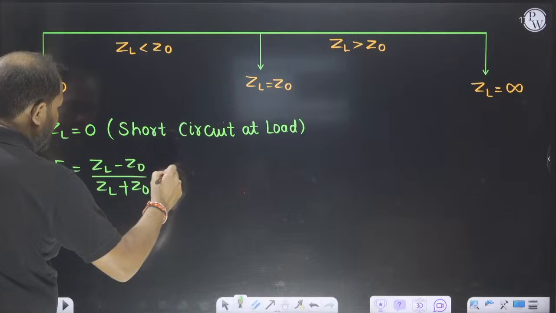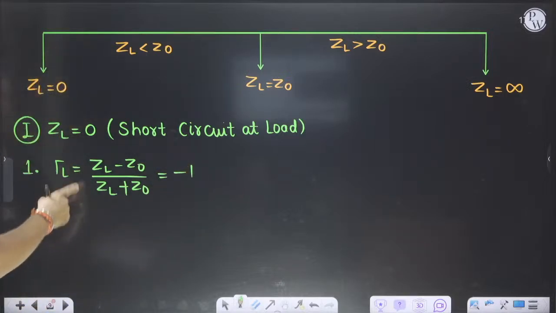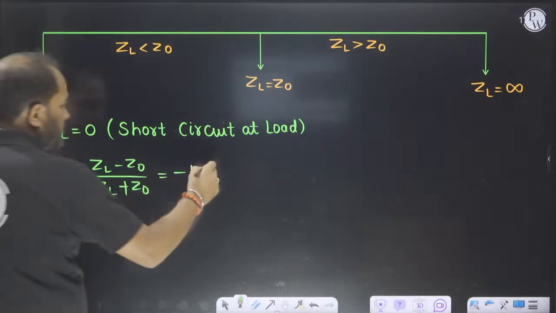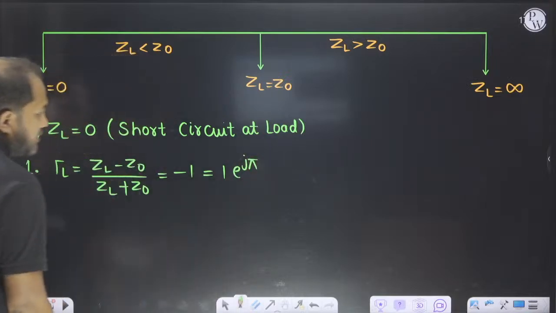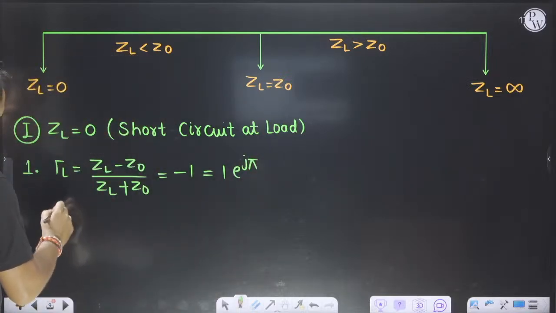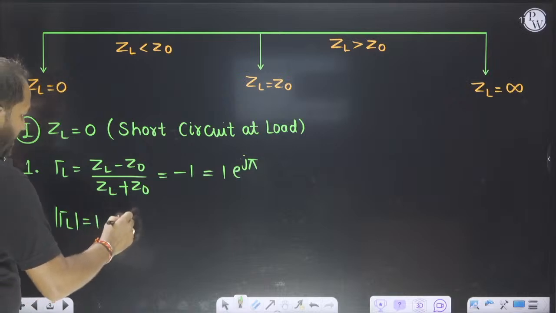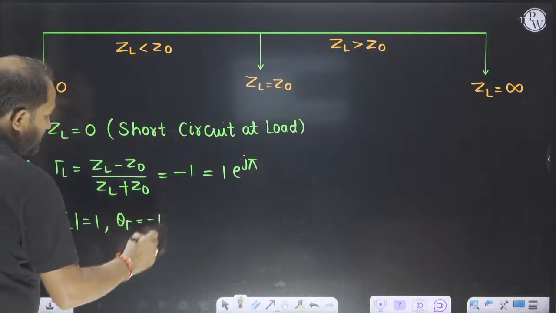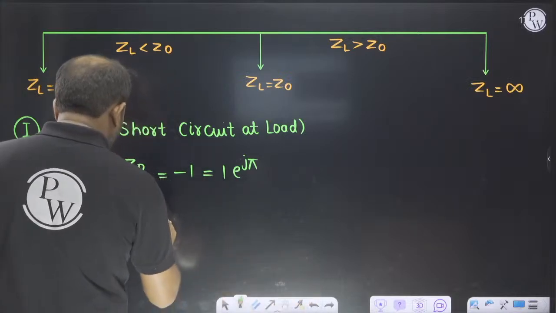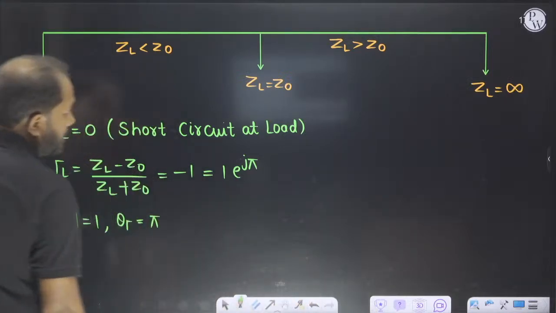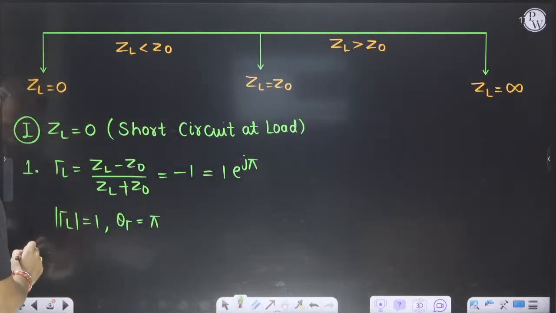What is the value of gamma L? It is -1, because ZL is 0. It can be written as e to the power j pi. So the magnitude of gamma L is 1 and theta gamma is pi. So we have calculated the magnitude of gamma L and theta gamma.